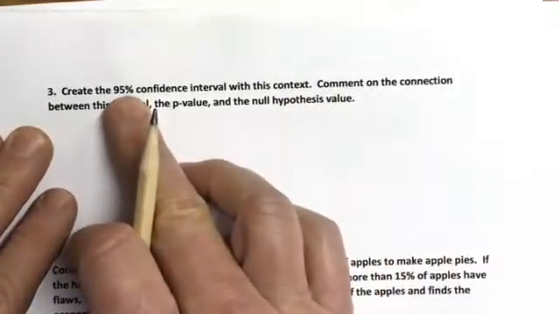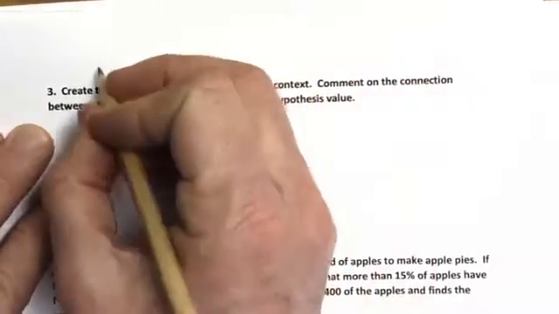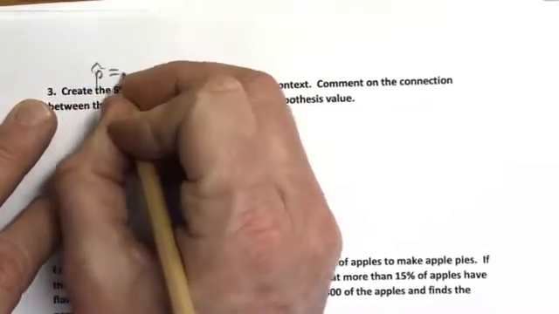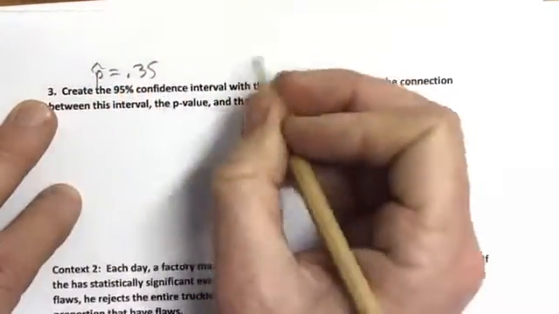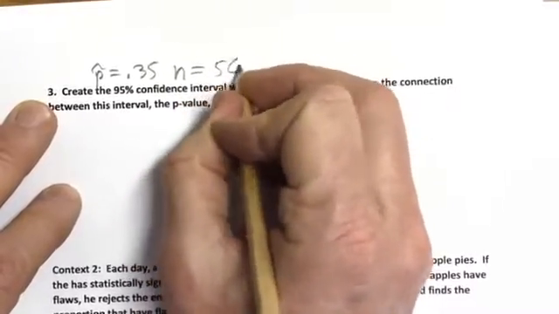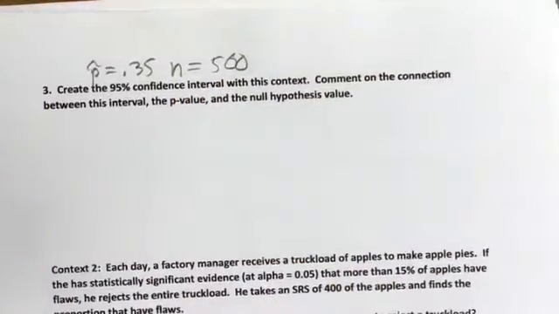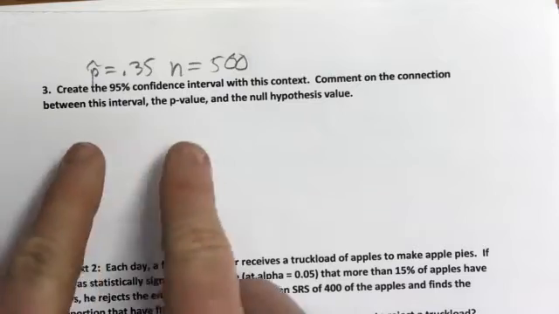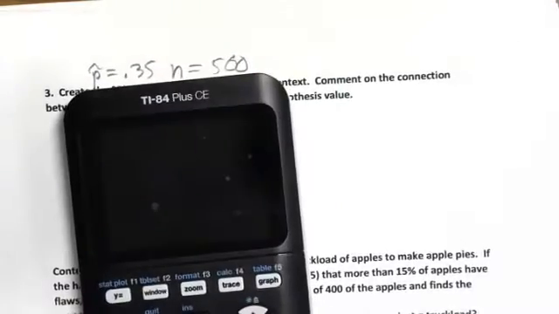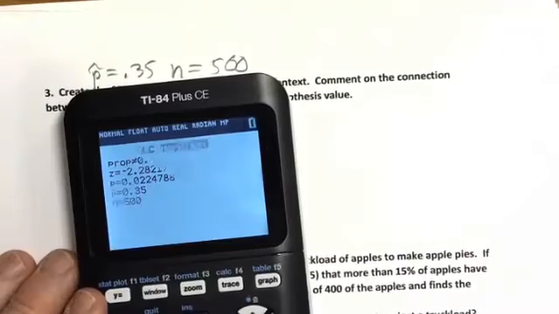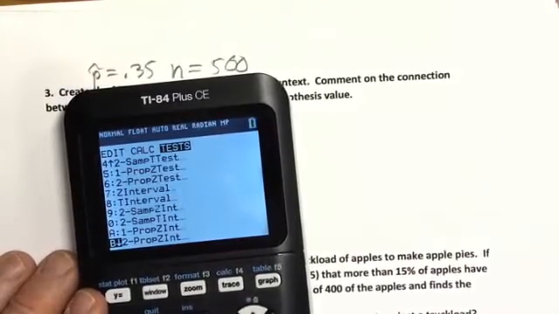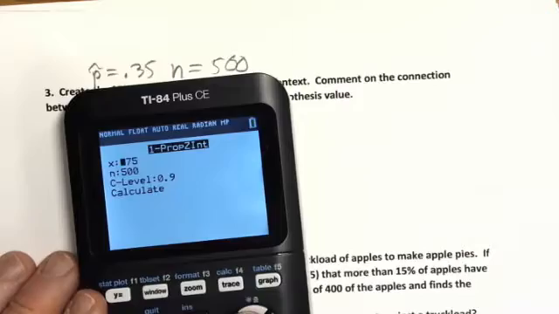Remember, back in chapter 8, what we would do is we would say, well, they gave us that p-hat is equal to 0.35, and they gave us that the sample size was equal to 500, right? And so we can make a confidence interval with that. And so we will do that with our calculator, 95%. And so we will go stat, test, and go down to option A, the 11th option, A right there. So one proportion is the interval.